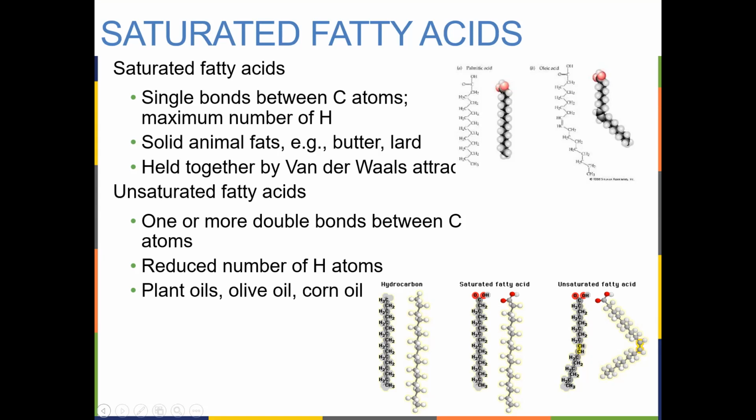As the electrons randomly move back and forth, occasionally they create a slight positive and negative charge, which is very transitory. It will form and go away and form and go away. But when it forms, it will be attracted to the saturated fatty acid chain next to it. And those chains will stick together. So all three chains stick together and essentially form a solid fat.